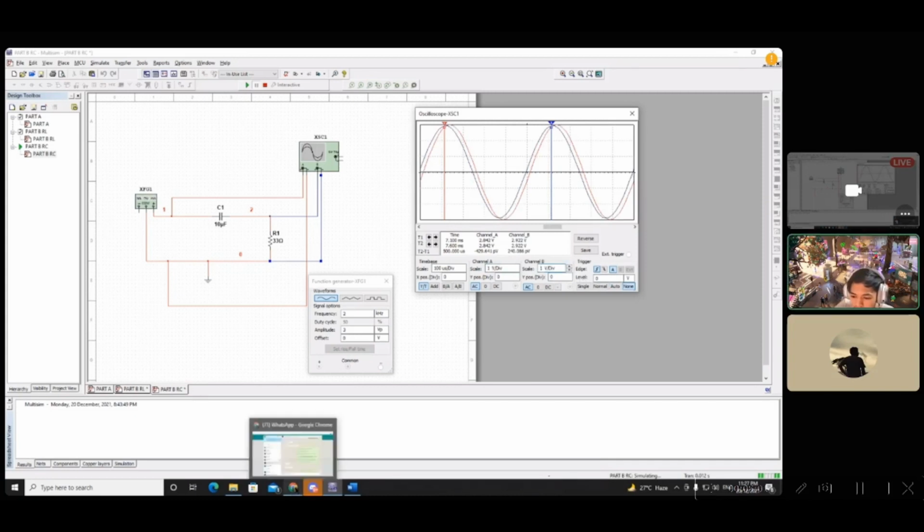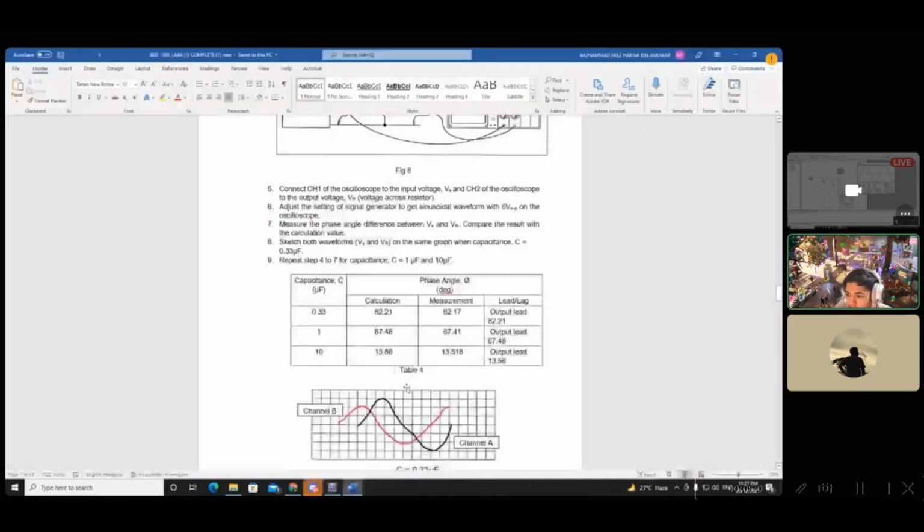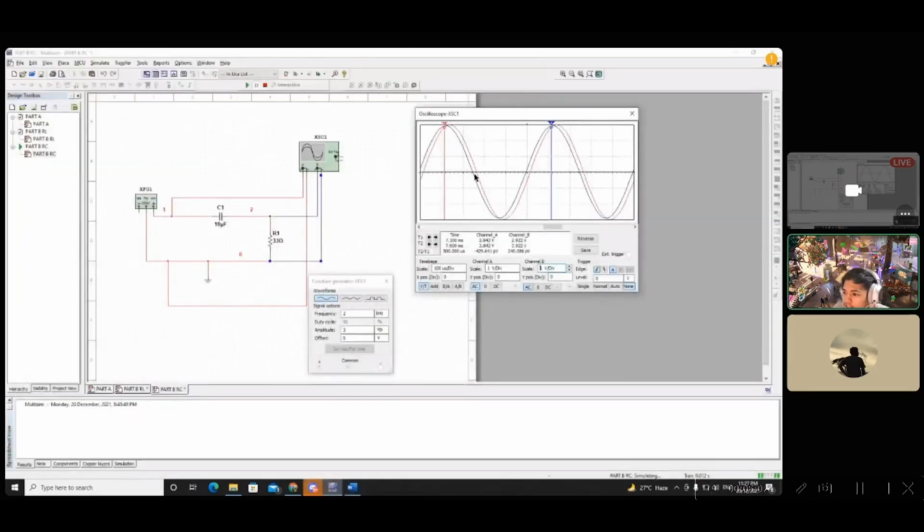And for lead or lag, we can determine it from the starting point. Here, at this point, you can see which signal is lead or lag. The blue line is the output and the red line is the input.